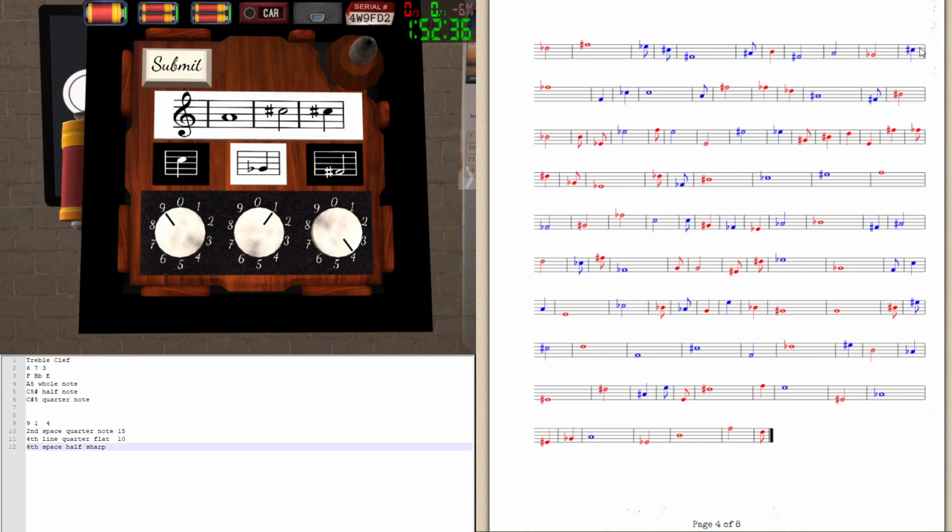Oh, there it is. C sharp 5, quarter note. Then gotta find the fourth space, just down at the very bottom, and it's a half, and it's a sharp. The blue ones are usually easier for me to find than the red ones.